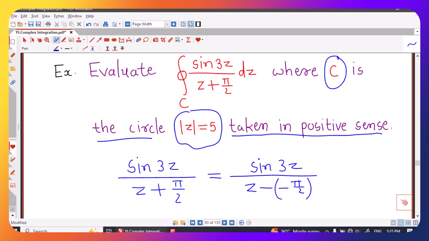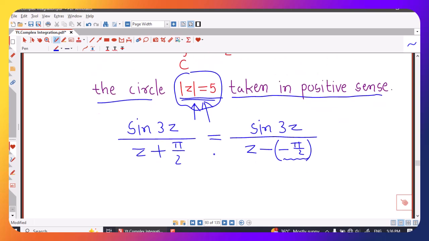And now we know that sin 3z is analytic everywhere, or it is an entire function, and therefore it is analytic everywhere inside and on this circle with center 0 and radius 5. And here minus pi by 2 will be interior to this circle.